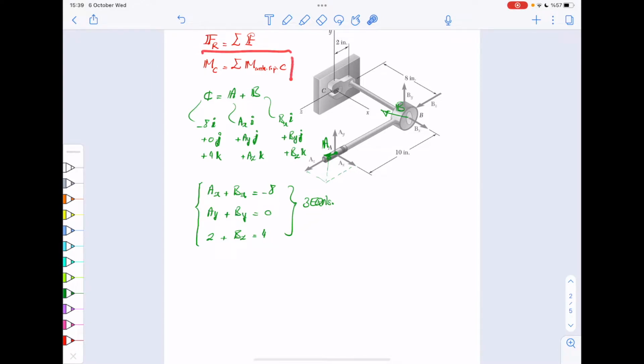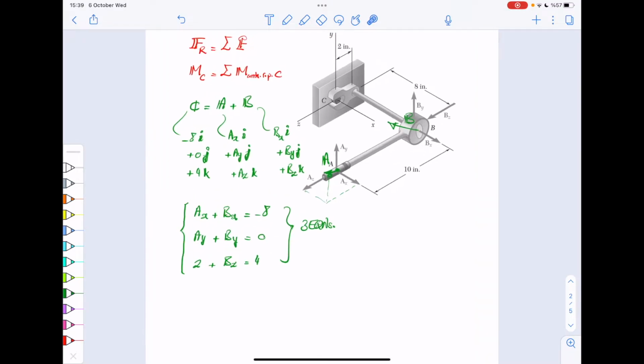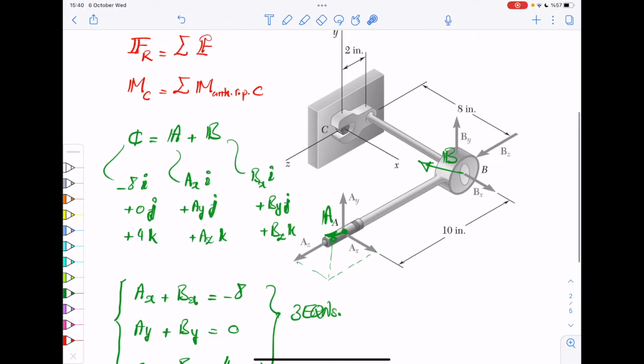Now the next thing you want to do is to also play with the moment equivalence. Now the moment equivalence is not very complicated. Again, what you need to do is to just think about this. So let's say you have a force at A, which we call force A. Now the distance with respect to point C times the force A would give you the moment from this force, right?